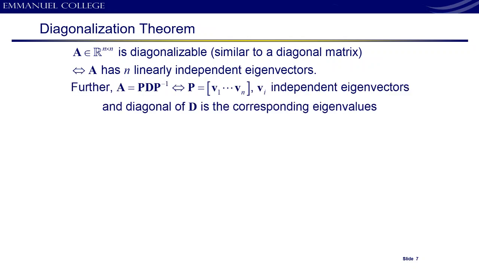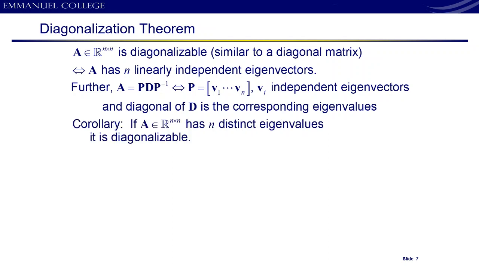If A equals PDP inverse, then the v_i should be independent eigenvectors and the diagonal of D corresponds to those eigenvalues. A nice thing is if it has n distinct eigenvalues, then it's diagonalizable, which means they're all unique. So that's a way to tell right away that it does work.